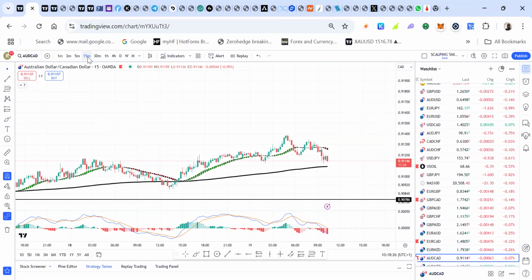Okay, so I may have to close this in a loss because I don't know how long the sell will be.